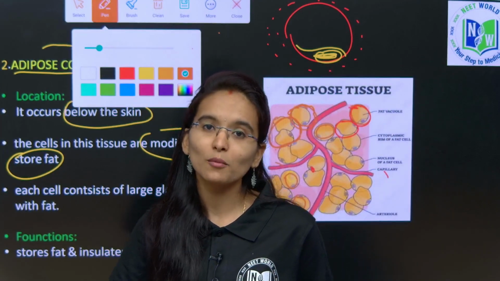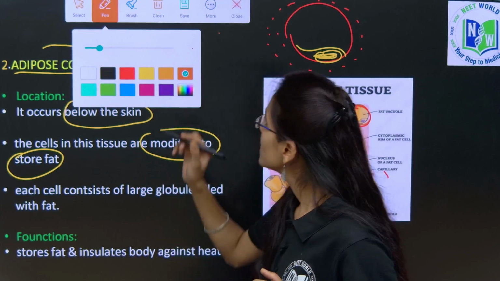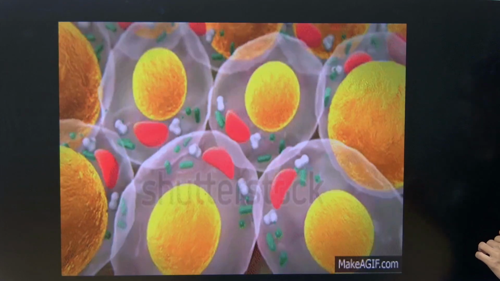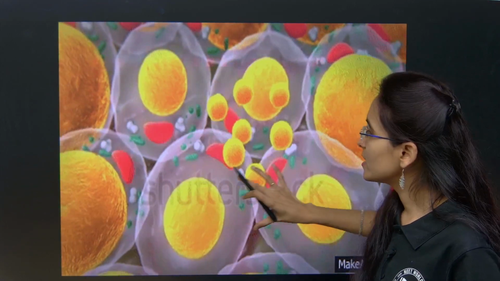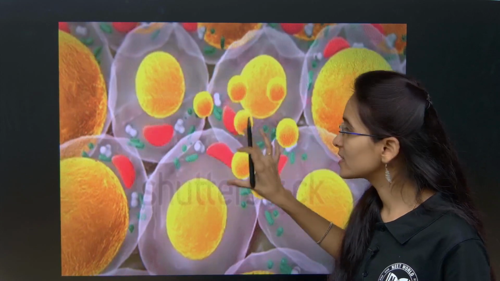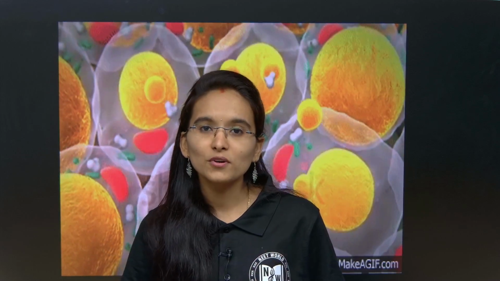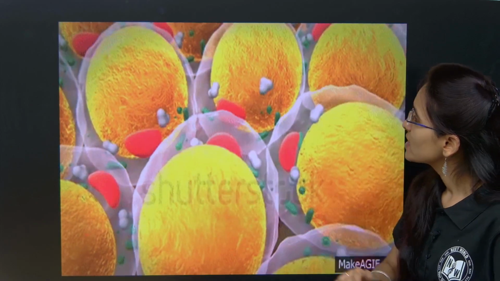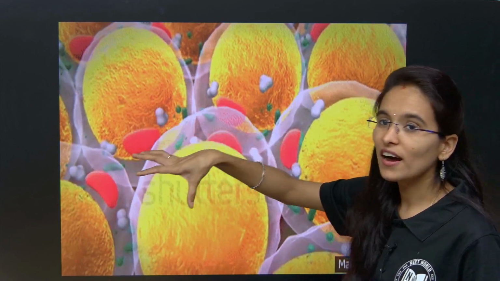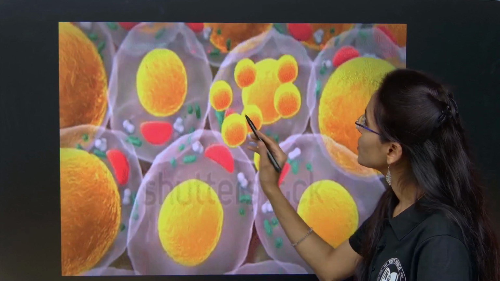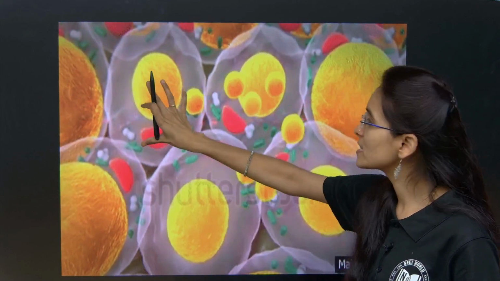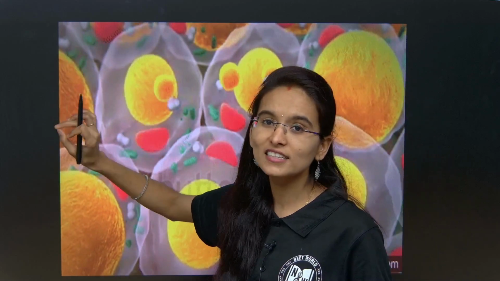Yes, if you see here, these all are the cells which are grouped together to form a tissue called adipose tissue, and each cell is going to become modified. If you see here, these cells are modifying and they are increasing in size due to storage of these fats. Clear, children? Clearly you can see this image and you can understand it better.